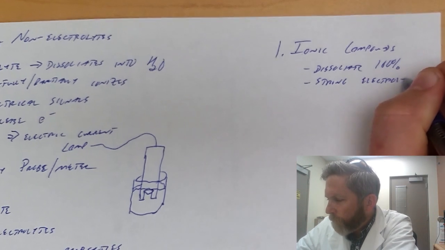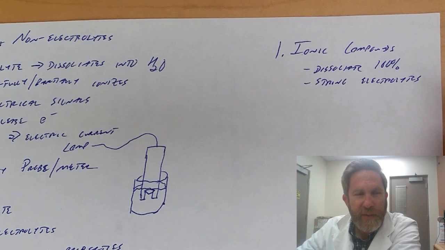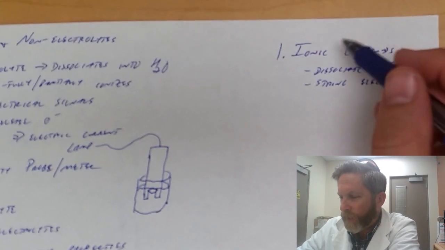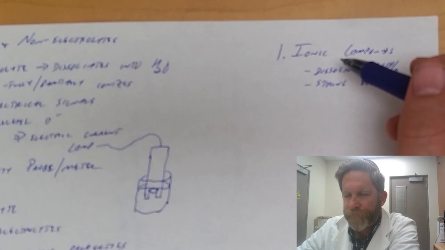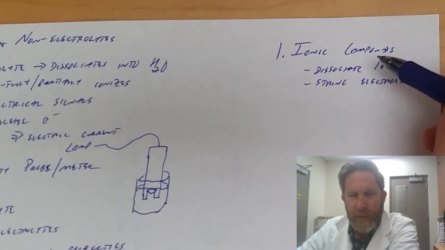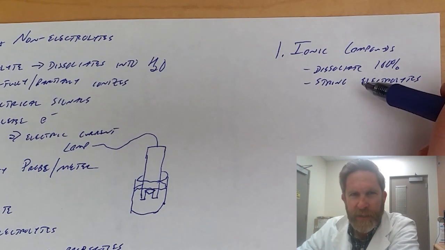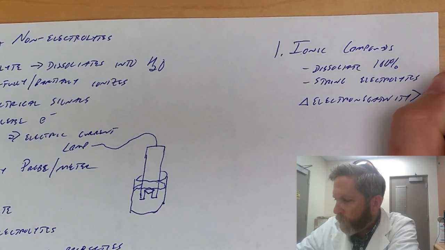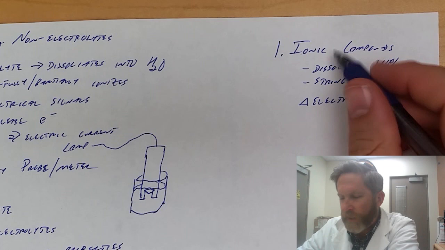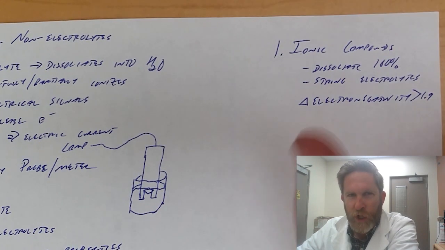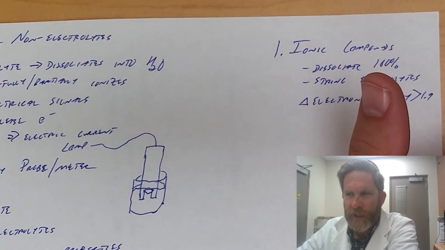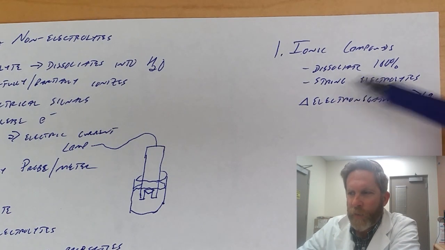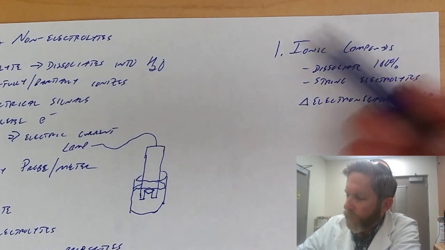And you can tell whether something fits into the ionic compound category by looking at the strength of the bond between them and the differences in electronegativity. If the difference in electronegativity is greater than 1.9, then you know for sure that it's an ionic compound and will dissociate completely. So we have a series of substances that we're going to look at today which definitely are ionic.